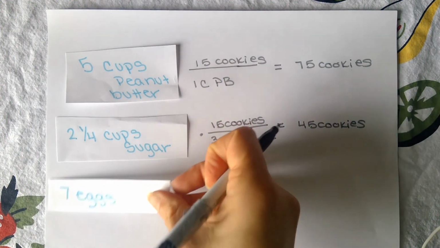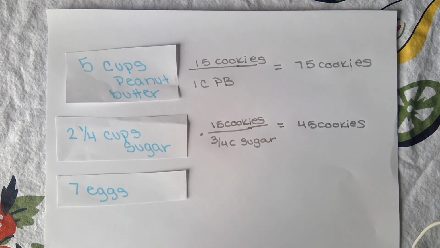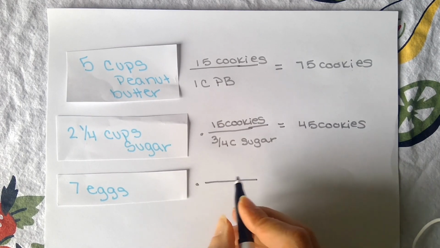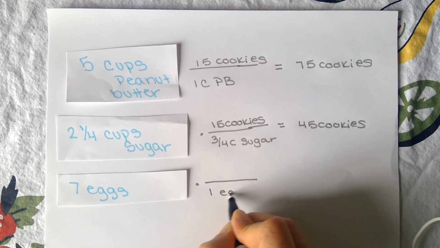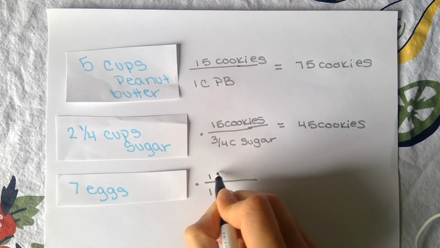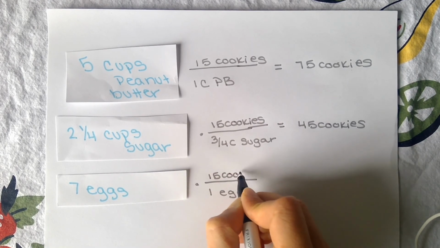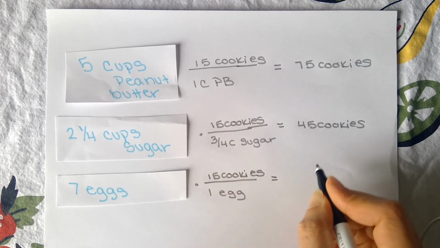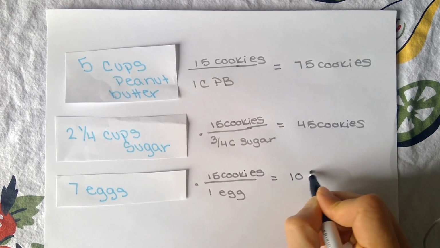Let's continue on. I have 7 eggs, so doing the same thing, my recipe called for 1 egg to make 15 cookies. So this should be able to make 105 cookies.